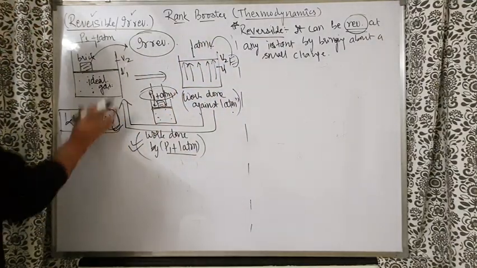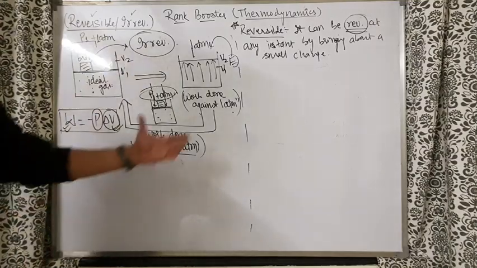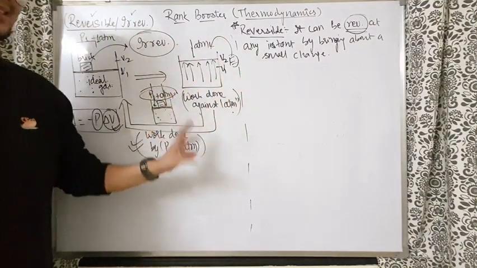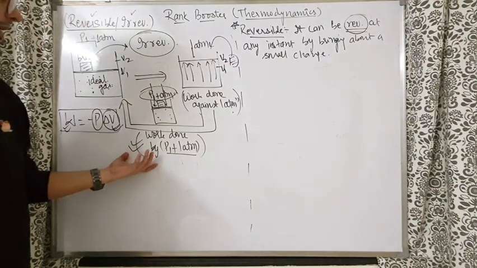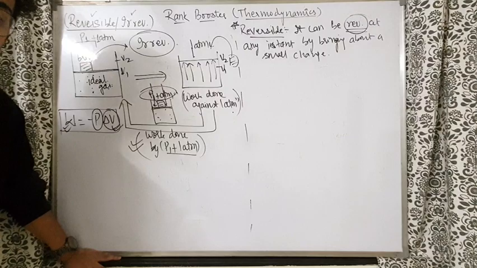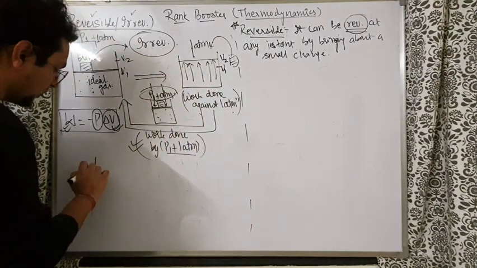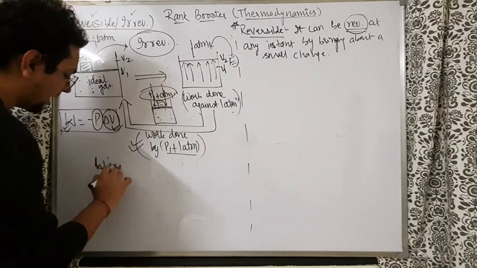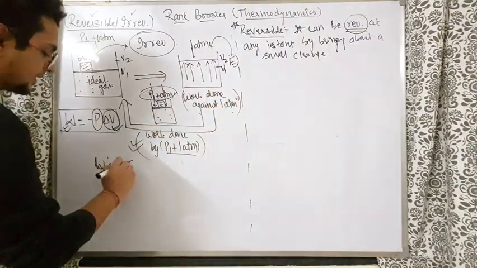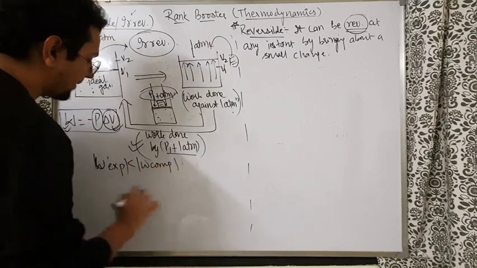If the P is more, then the W will also be more. If the work is done against 1 atm, that work is lesser, and when the work is done by P1 plus atm, then the work is more. That means the work done during expansion is lesser in magnitude than the work done during compression.